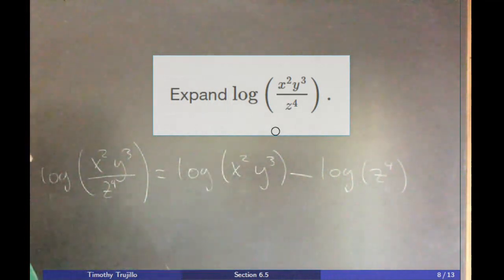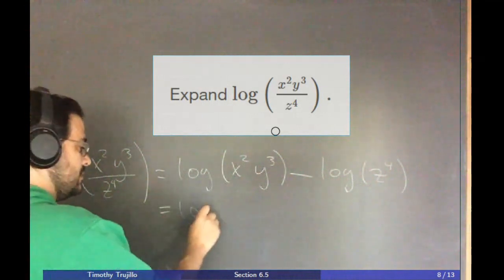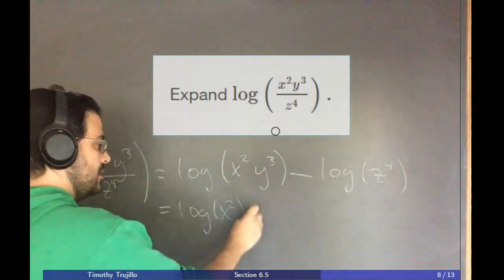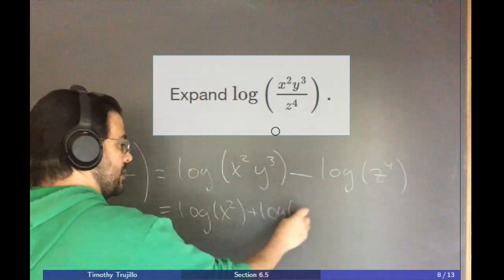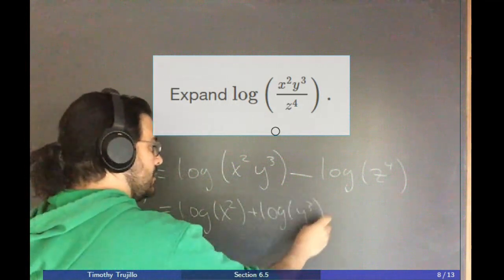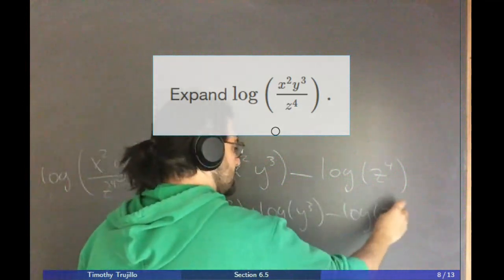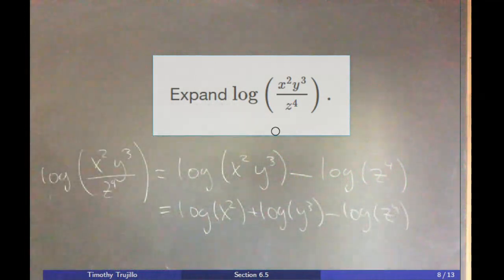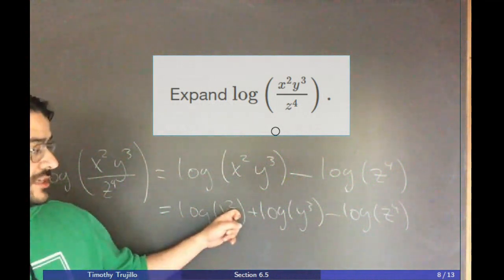So we'll split this up. And this becomes the log of x squared plus the log of y cubed minus the log of z to the 4th. Okay, so we've now used the product rule and the quotient rule. And then finally, we'll apply the power rule 3 times.